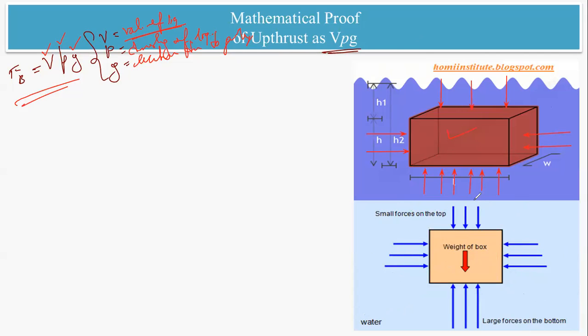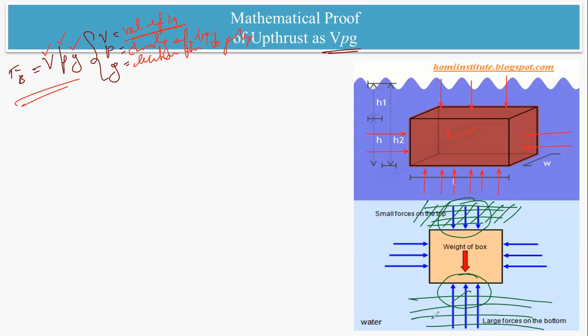Now which force is left? One force applied from above and one force applied from below. The force applied from above is due to the little amount of water present at the upper portion of this container. And from the bottom, the pressure applied is because of the large amount of water present at the base of the container.